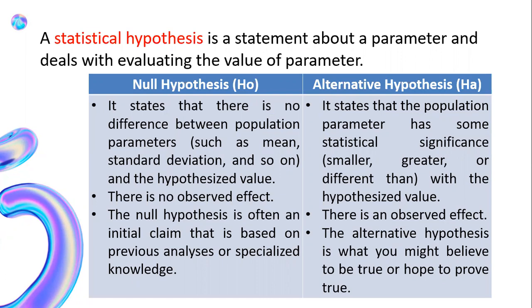We indicated last week that the notation to be used for the null hypothesis is H sub O, while for the alternative hypothesis, we have H sub A. What's the difference between the two? The null hypothesis states that there is no difference between population parameters such as the mean, the standard deviation, the variance, and many others, and the hypothesized value.